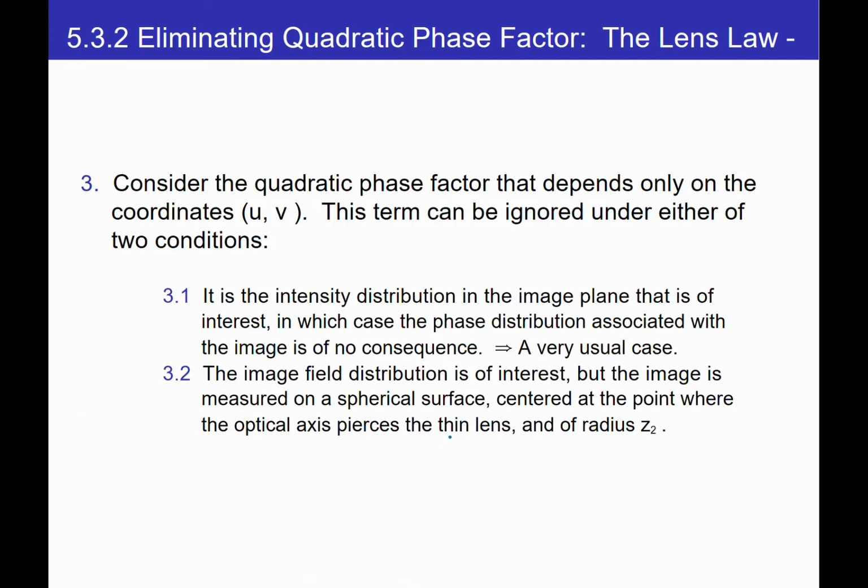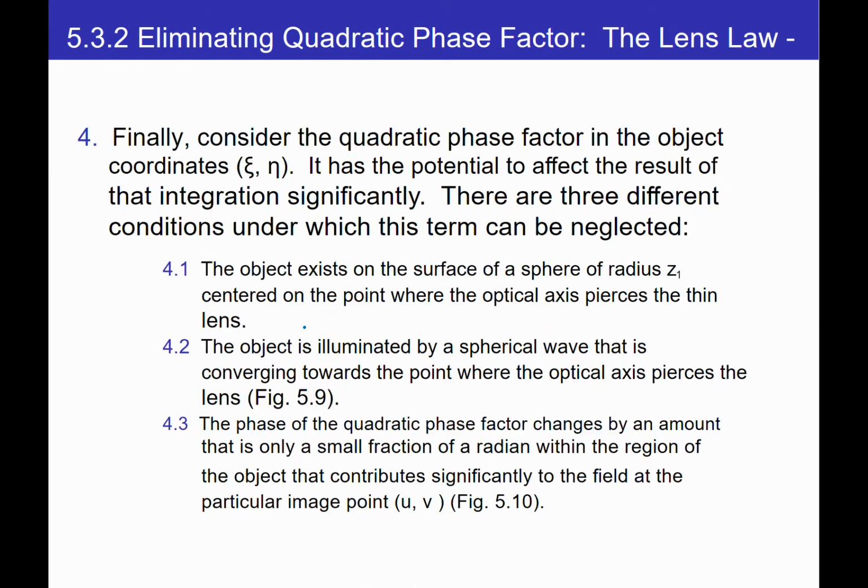The quadratic phase factor that depends only on the coordinates u, v, that means the image space, can be ignored under either of two conditions. Just read this one. So that means it could be neglected. And the quadratic phase depending on xi, eta can also be neglected under those conditions.